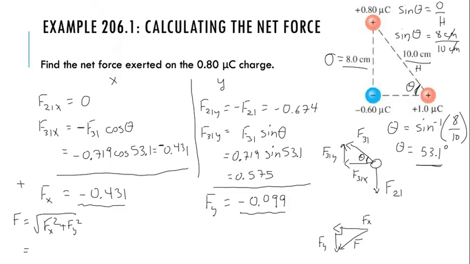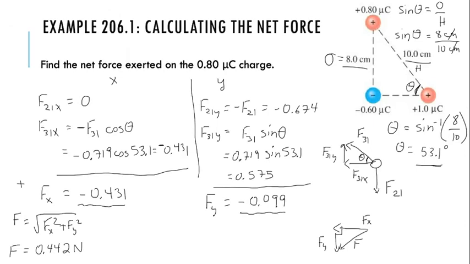They're both squared, so the negative doesn't matter. The negative will cancel out. So when you square both of these, add them up, and take the square root, we get 0.442 newtons. At the end, I do like to put a unit. The force is always in newtons. So that's the net force.